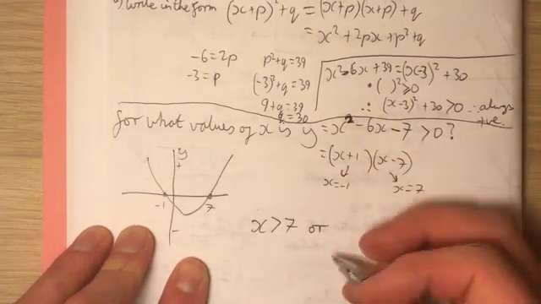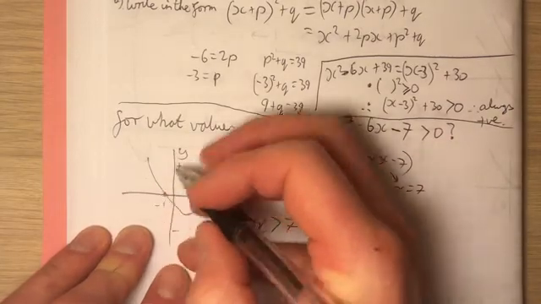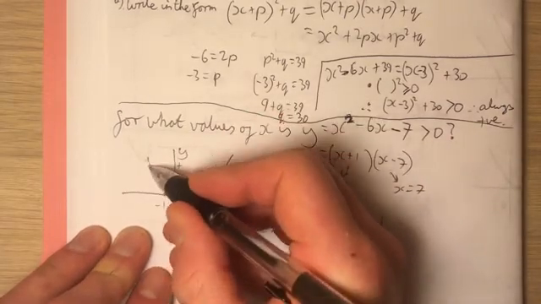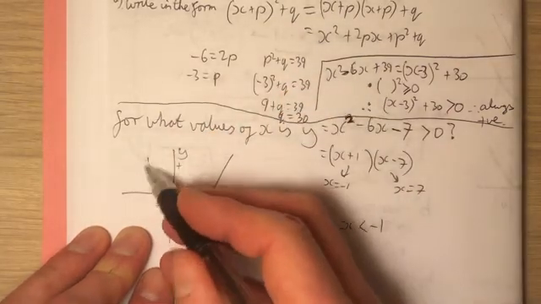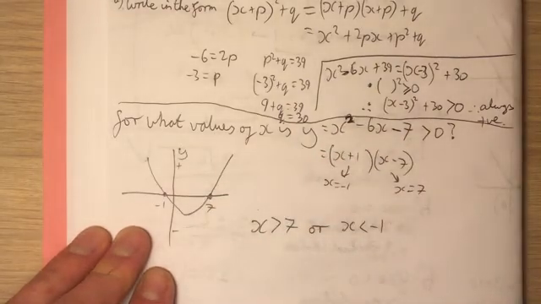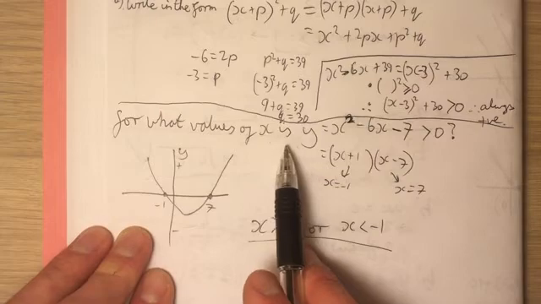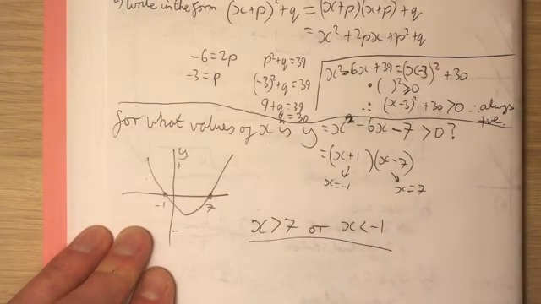Or it's got to be less than minus 1, because see down here, okay, all of these y coordinates are positive. They're all up positive y coordinates as opposed to negative y coordinates down here. So this answers the question, for what values of x is this function bigger than 0?